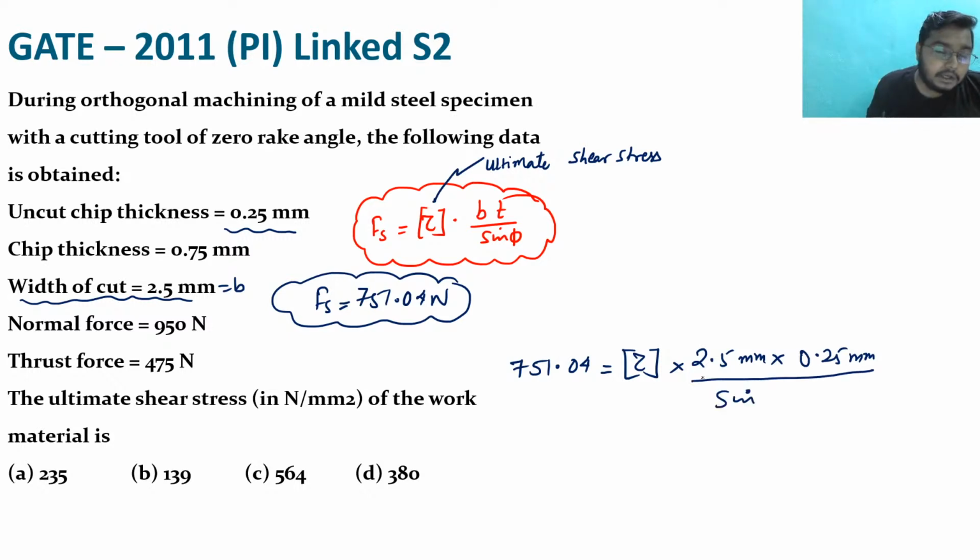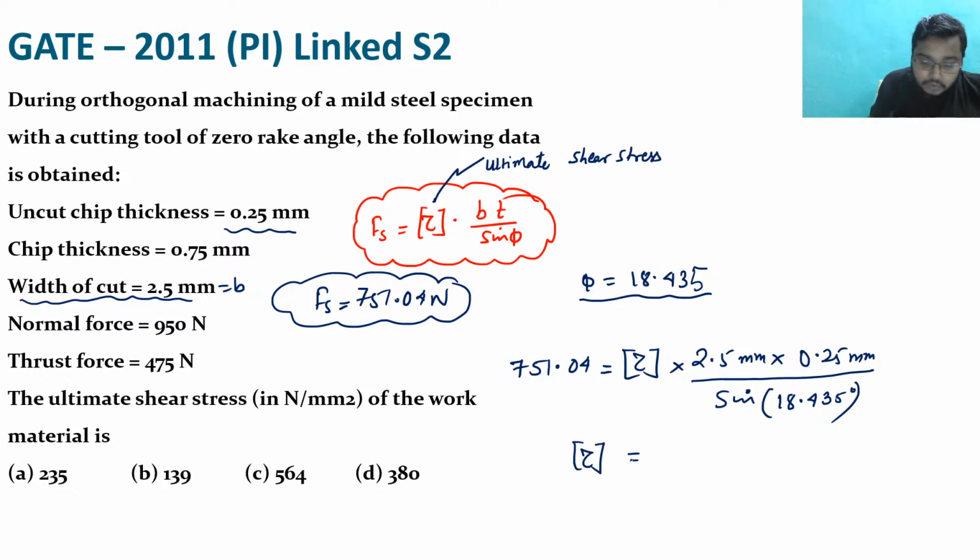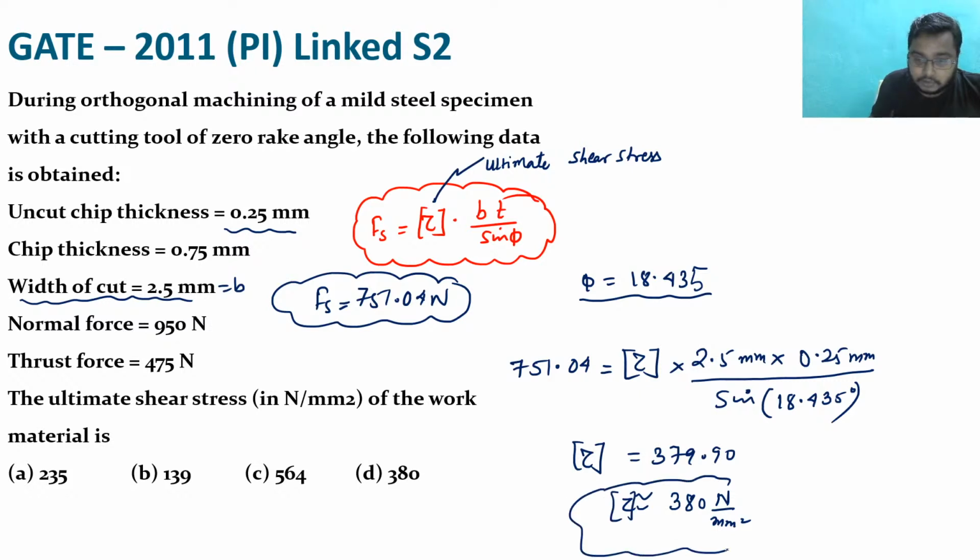In the earlier question you calculated phi, and phi is equal to 18.435 degrees. So when you put 18.435, you will get the answer. From here, the tau value is going to be 379.90, which is roughly equal to 380 newton per millimeter square. Okay, so this is the value of tau.